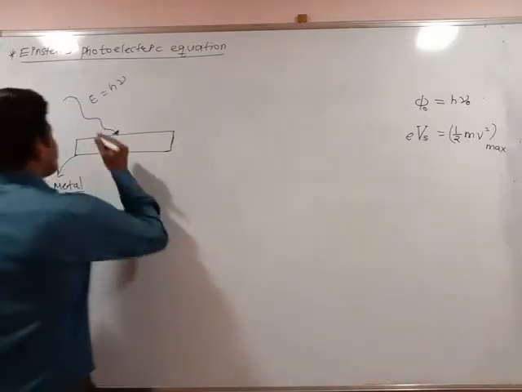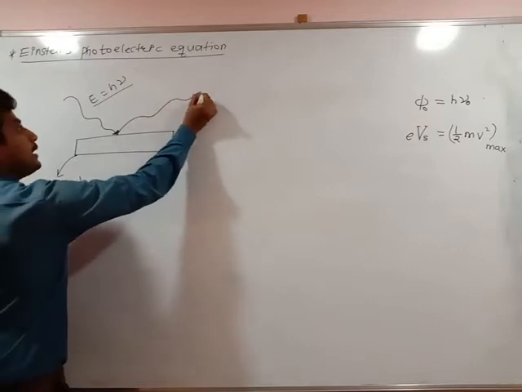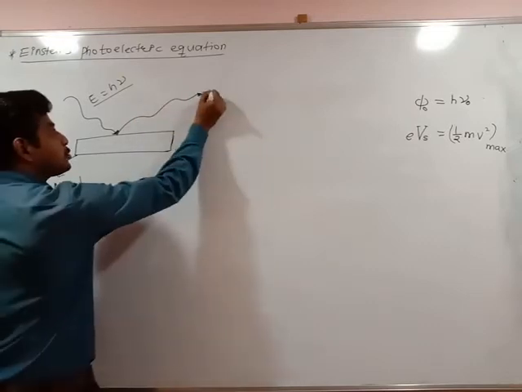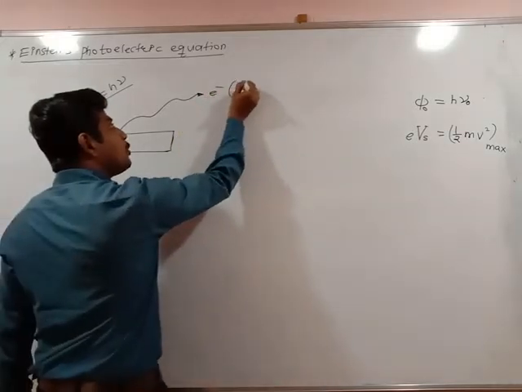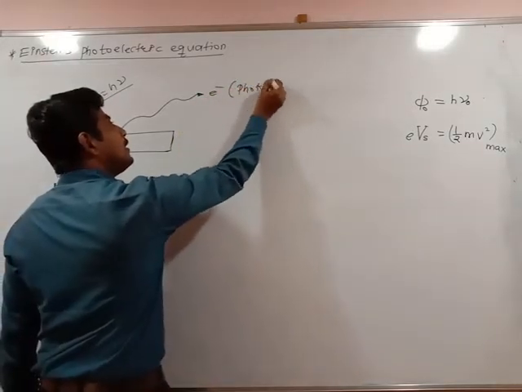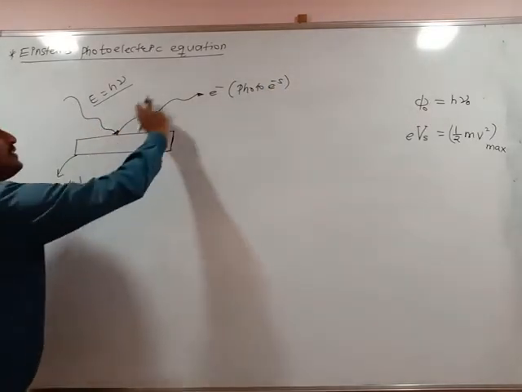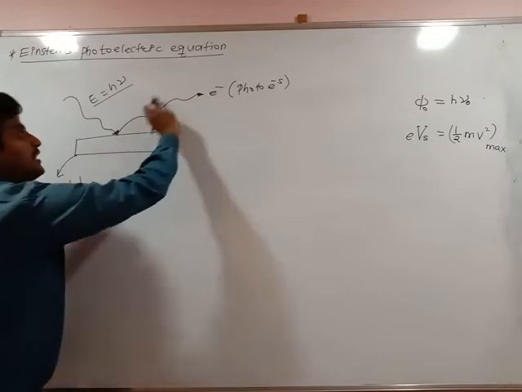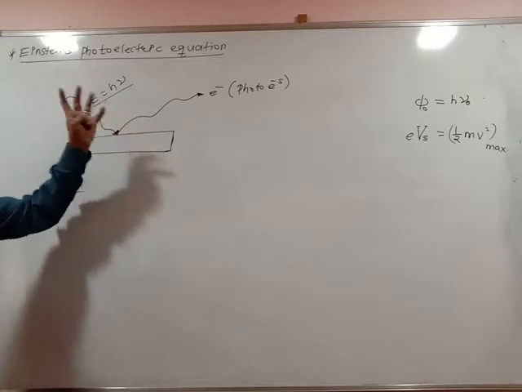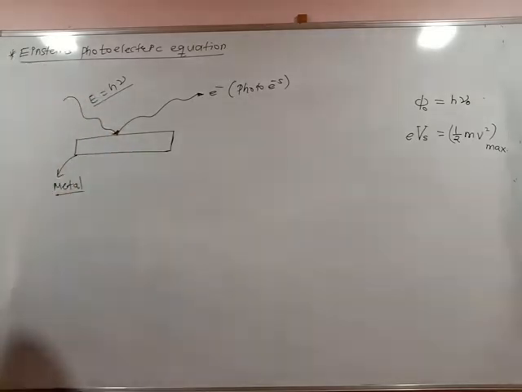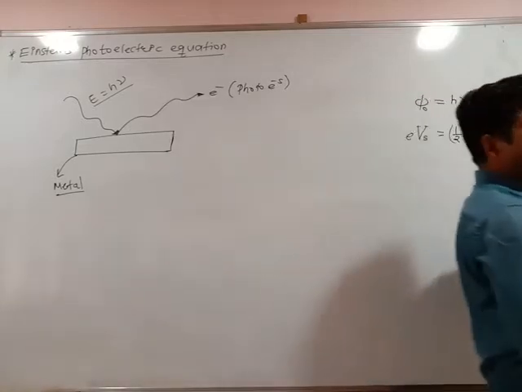So a photon of energy h nu strikes, the electron ejects from the surface and passes through the circuit producing electric current, and these electrons are called photoelectrons. And this photoelectric effect, which was discussed by the scientist Einstein, he made one postulate regarding the quantization of energy.